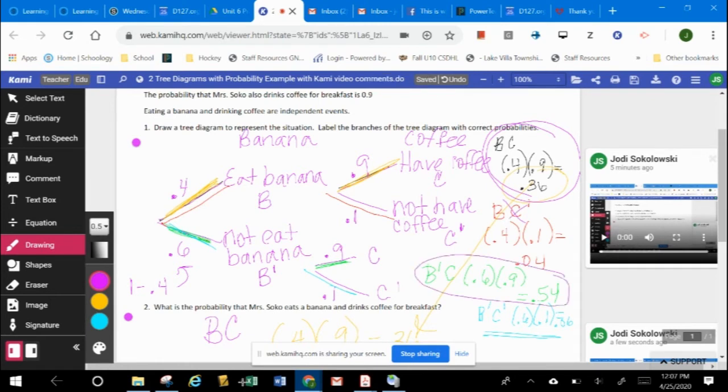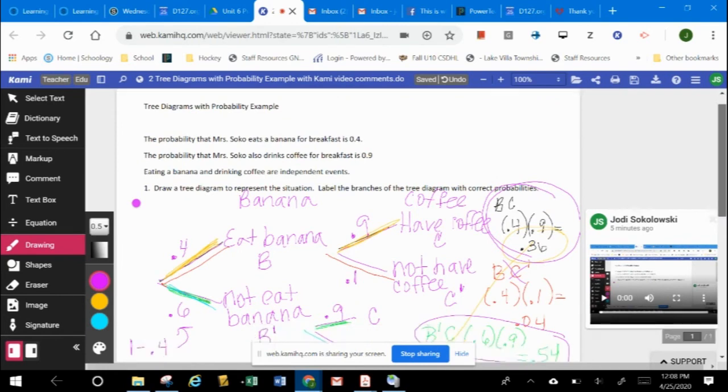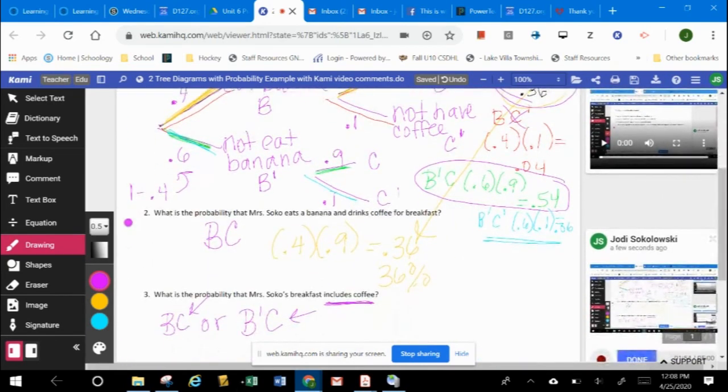So I have two of them that include coffee. So it is going to be a banana and coffee, or not eating a banana but still having coffee. So both of those have coffee in it. So I just need to go back up and look at what those percentages were. So it was 36% or 0.36.